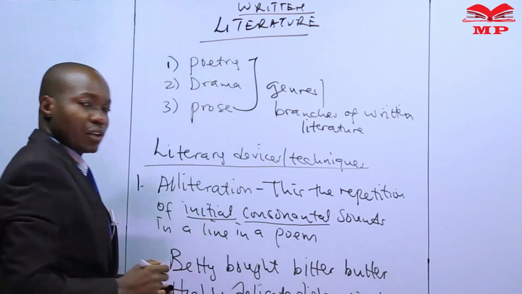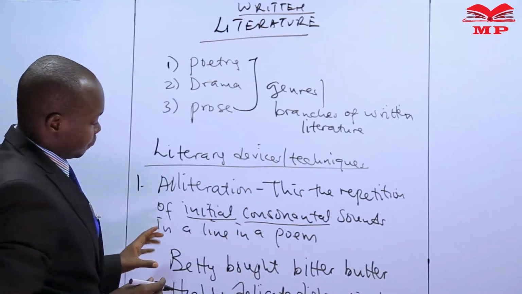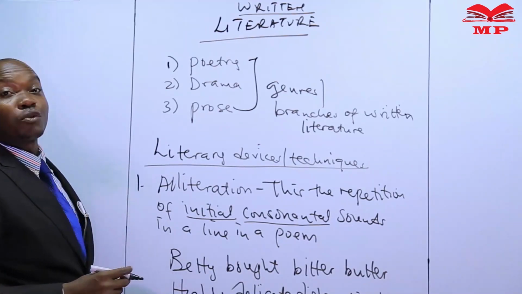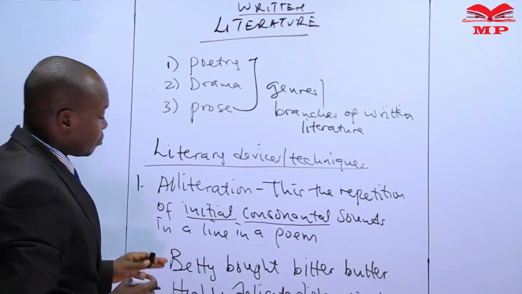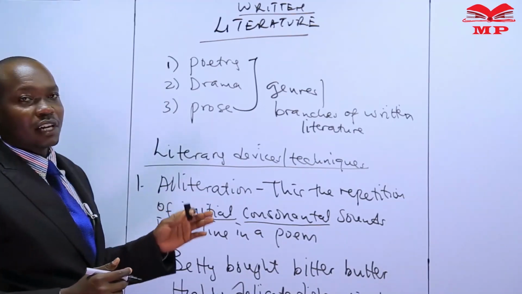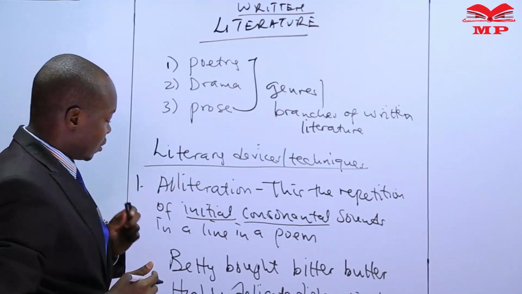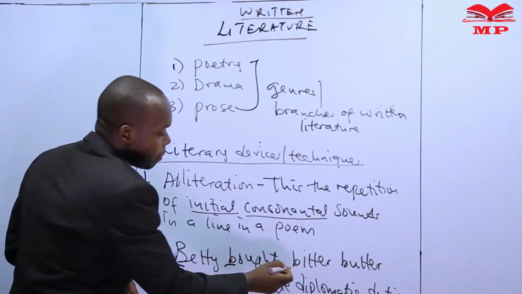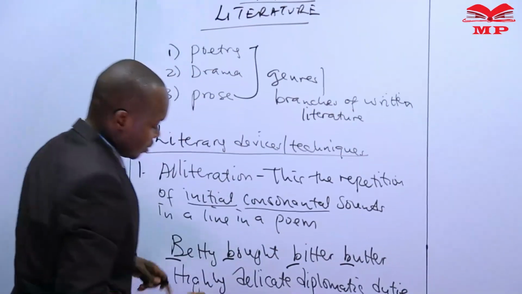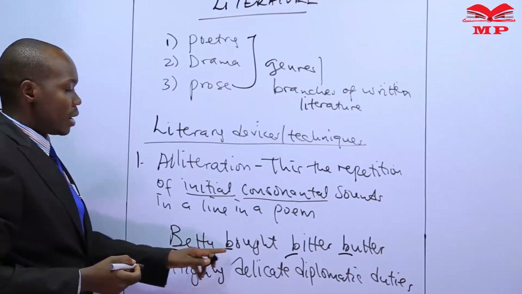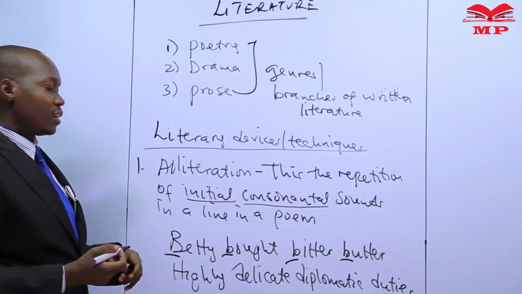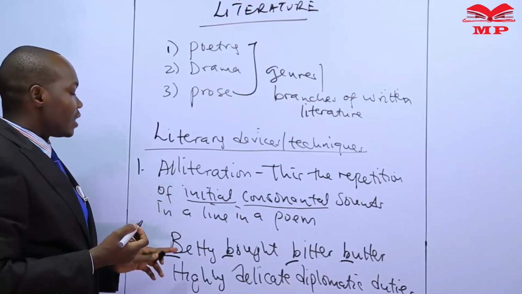Now, I want us to assume that this is a line in a poem, and these two lines are not related. Betty bought bitter butter. You can see in this line we have the sound ba, ba, ba, ba. That is alliteration.